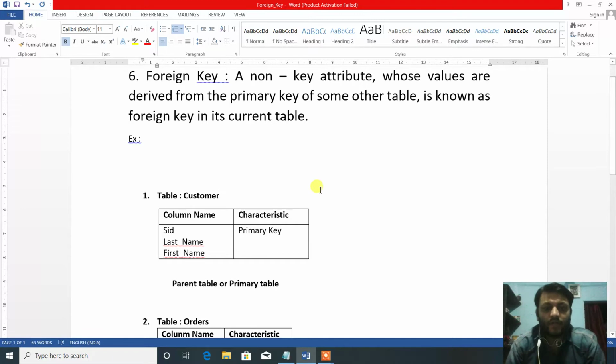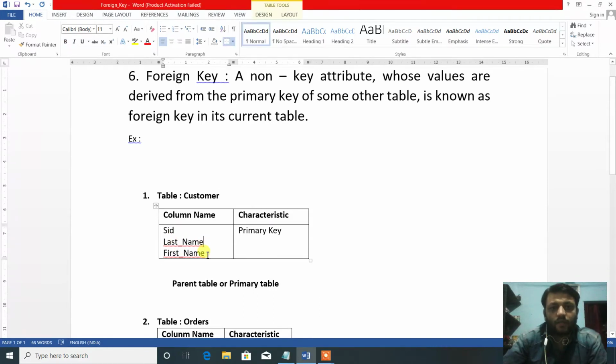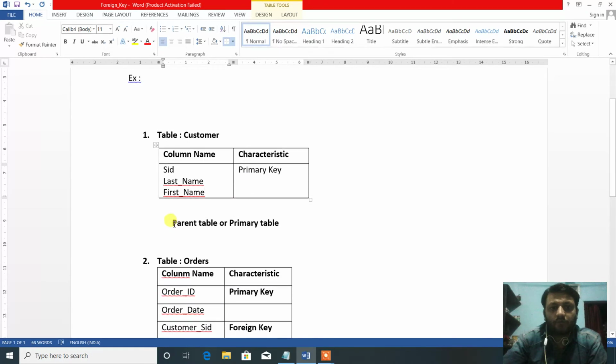In the customer table there are some columns like SID, last name, first name, and the SID is the primary key, and this table is called the parent table, or we can say the primary table.